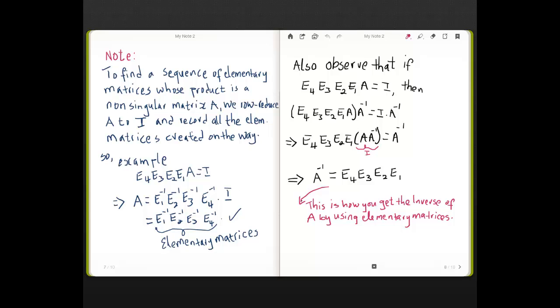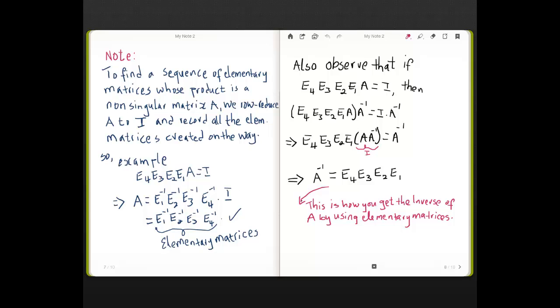Say, for example, I did my Gauss-Jordan elimination and arrived at the row reduced form of my non-singular matrix, which is simply I. Then I would know that E4 E3 E2 E1 times A simply equals I.